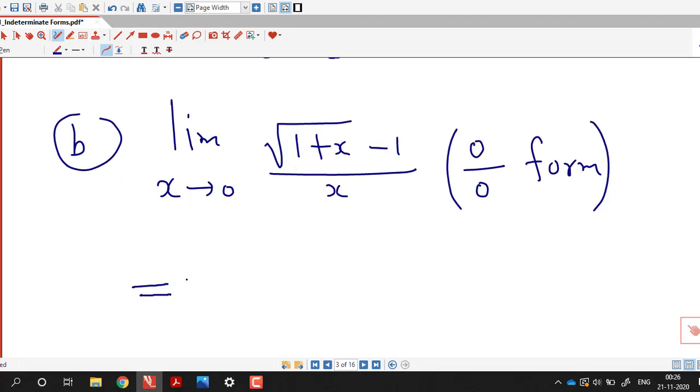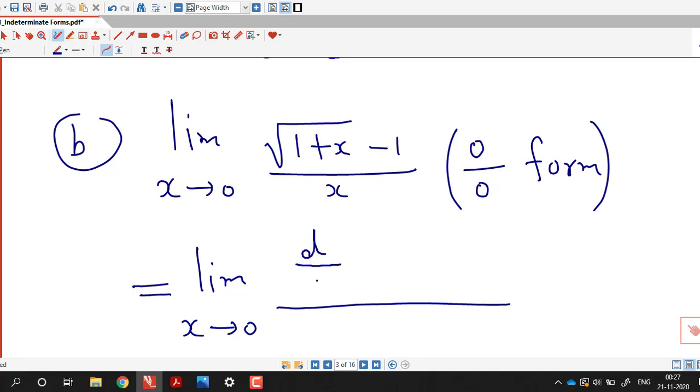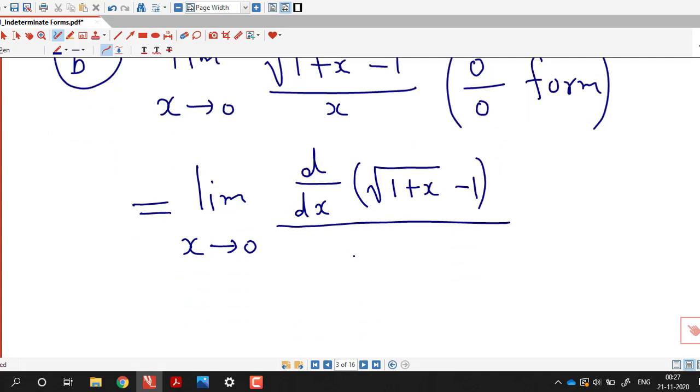So L'Hospital rule is applicable. Here also we differentiate numerator and denominator separately. Here I have to write the derivative of (square root of 1 plus x minus 1), and here the derivative of x with respect to x.